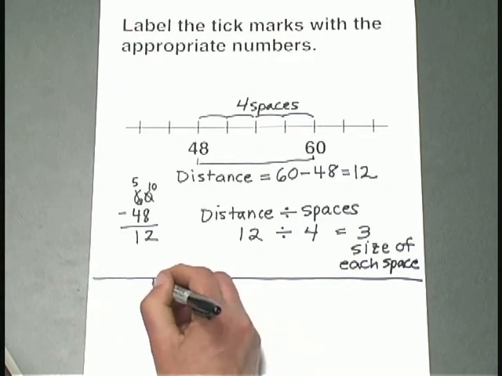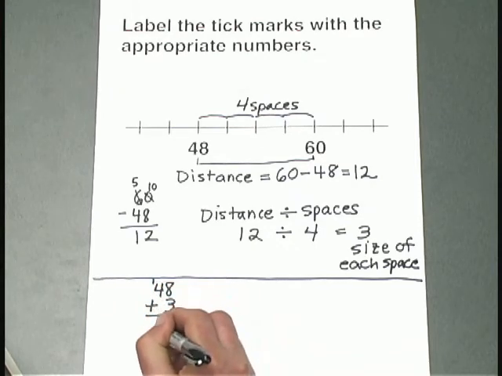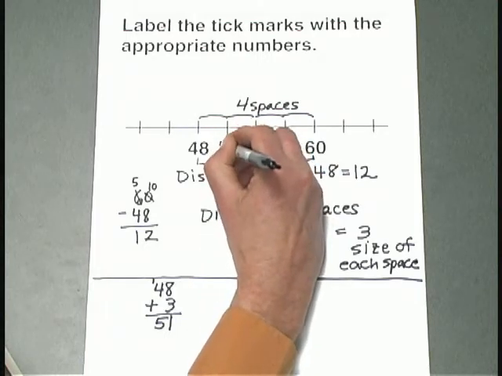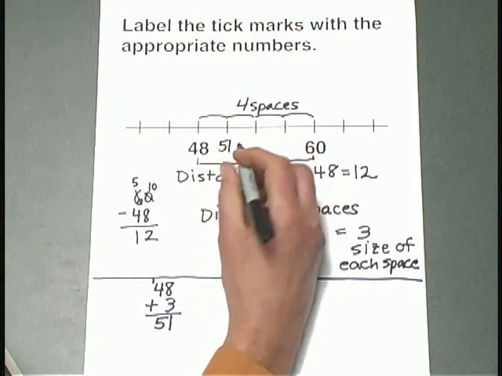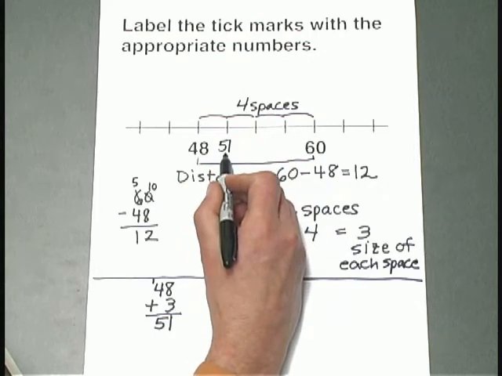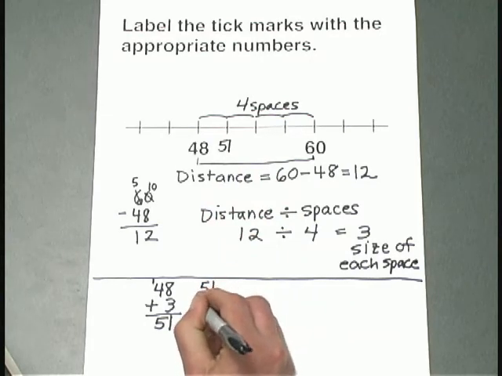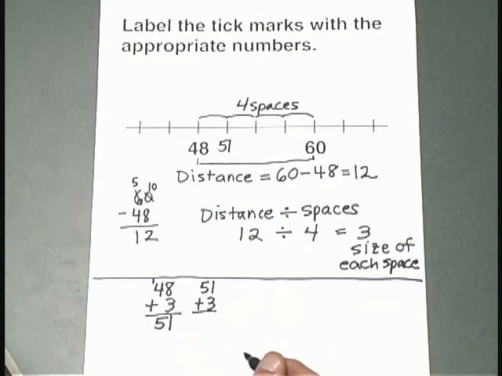Write the 1, carry 1. 1 plus 4 is 5. I get 51. Because 48 plus 3 is 51, I label this tick mark just to the right of the 48 with a 51.